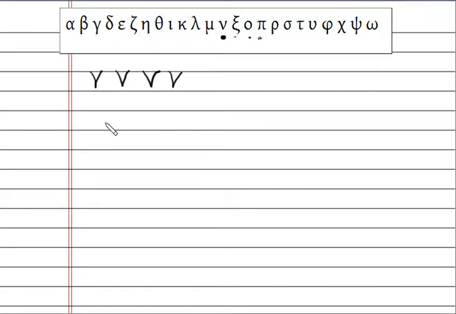But let's get back to writing the letter nu. Here's a little bit cleaner. And again, that is the Greek letter nu. On this next line, let's look at the difference between a nu and the gamma.